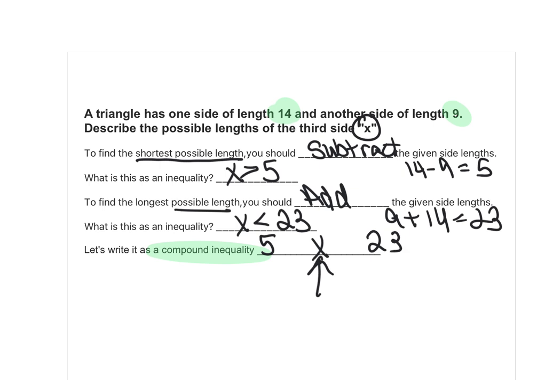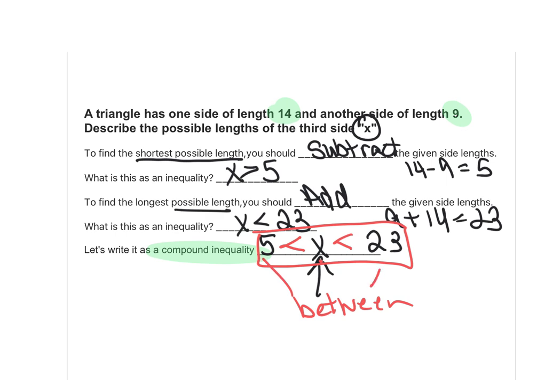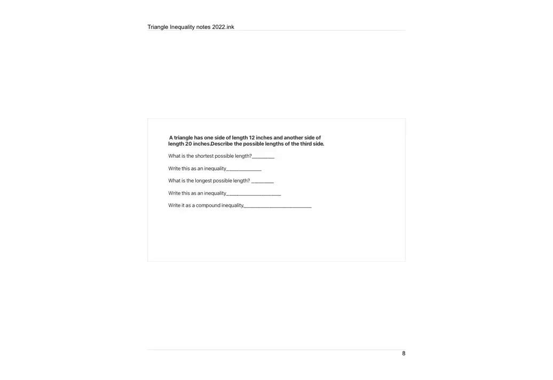And then with an inequality, we always point our inequality towards the smaller number in the same direction. So this is basically a compound way of saying the other two inequalities that we just wrote. And it is saying that our x value has to be between 5 and 23.